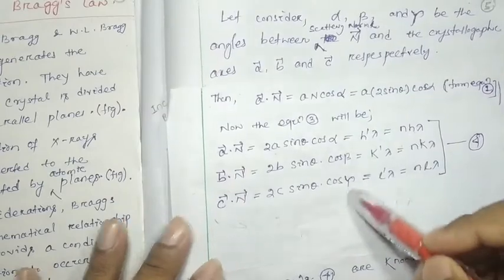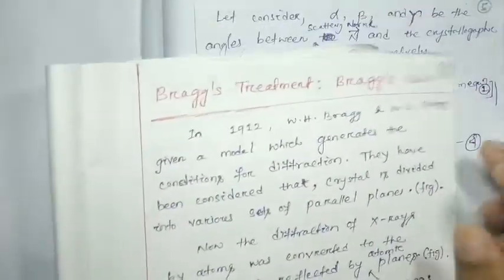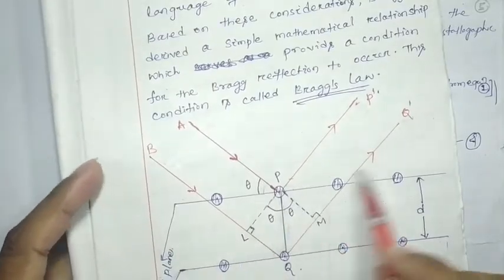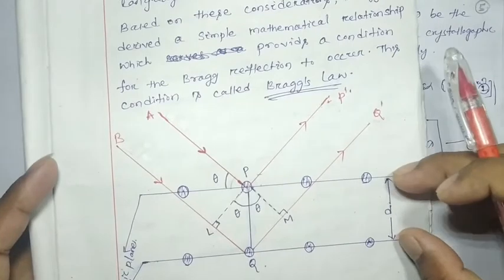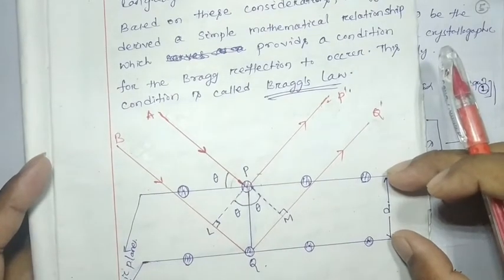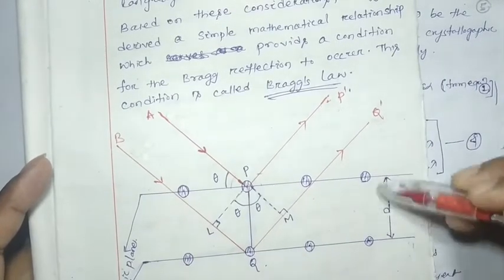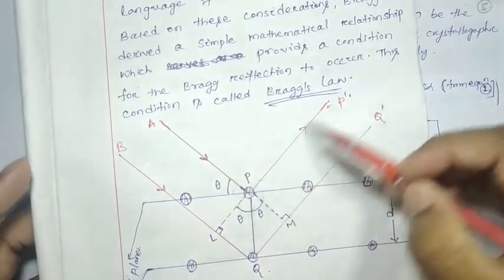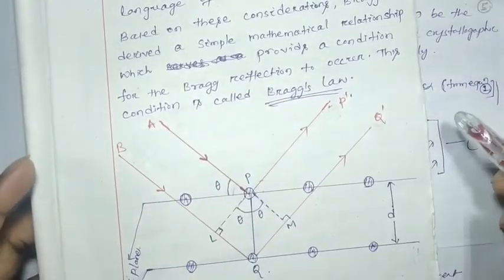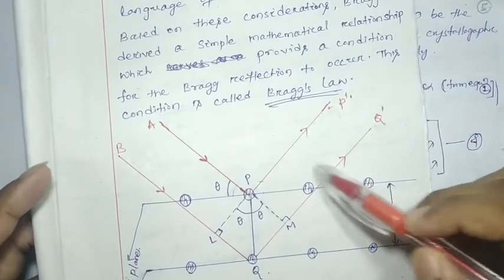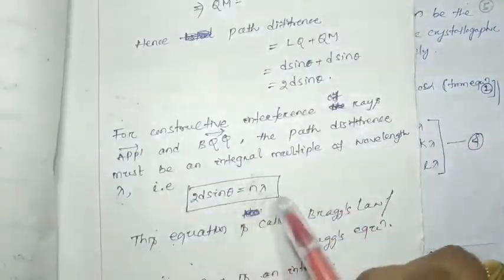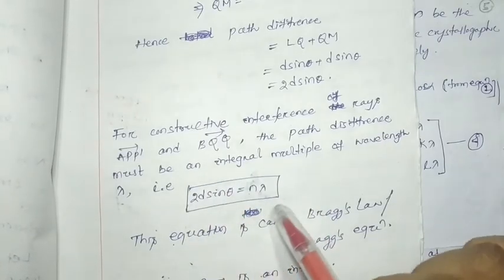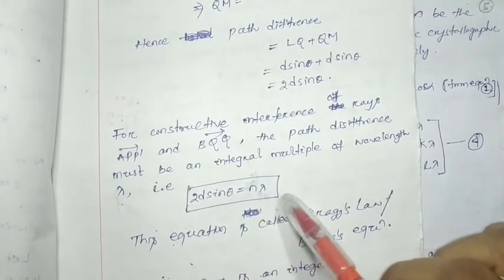However, if we follow Bragg's treatment, Bragg considered atomic planes placed with an interplanar distance d. Then he considered how the planes reflect or scatter the X-ray, and at last we got the famous Bragg's condition, that is 2d sin theta equal to n lambda.